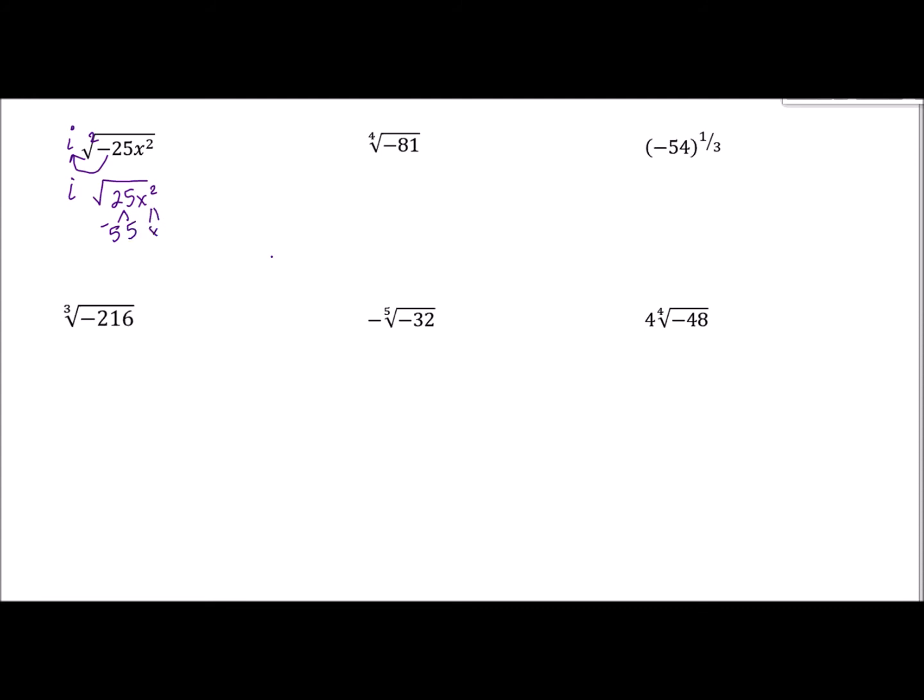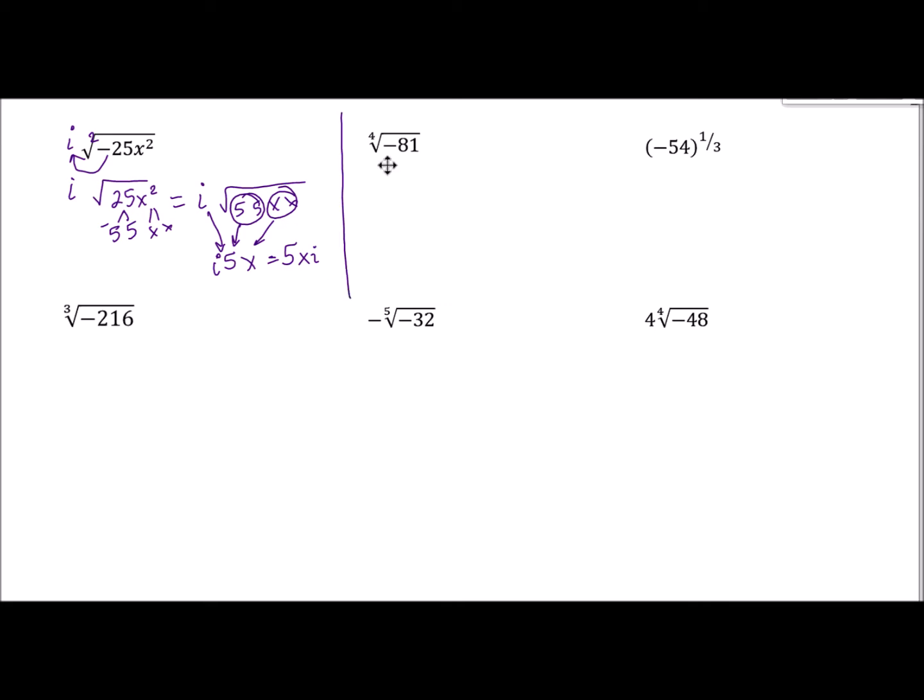X and X. So i out in front. 5, 5, x, x. Group of 2. One makes it out, one makes it out. And then don't forget the i. Now it feels weird having that i out in front, so you would just see 5x i.